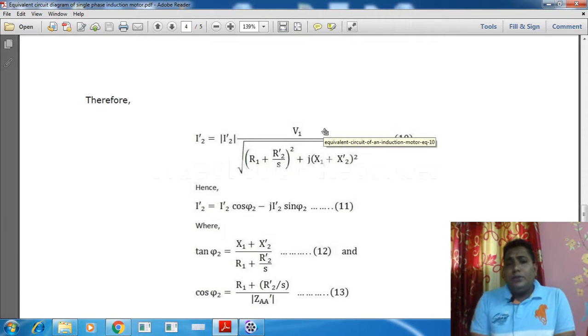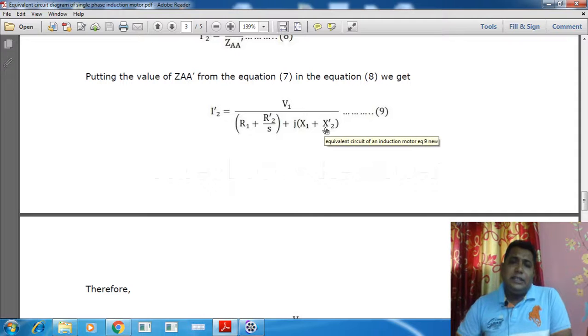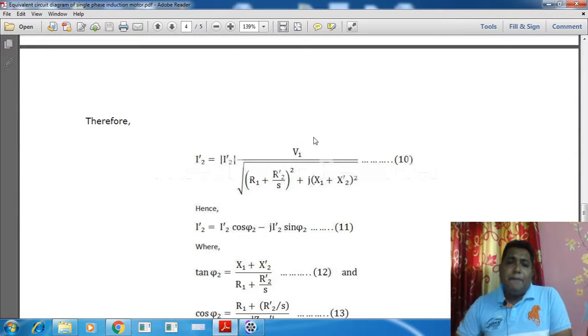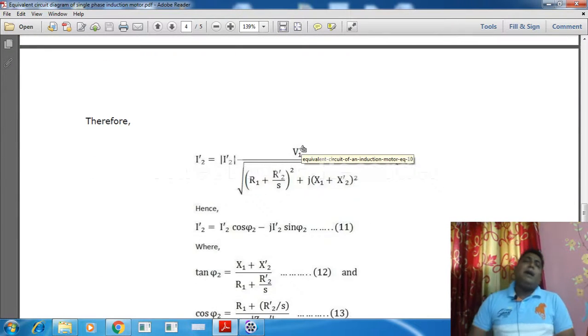Therefore, taking the magnitude, mod of I2 bar is equal to V1 by the square root of R1 plus R2 bar by S whole square plus X1 plus X2 bar whole square.